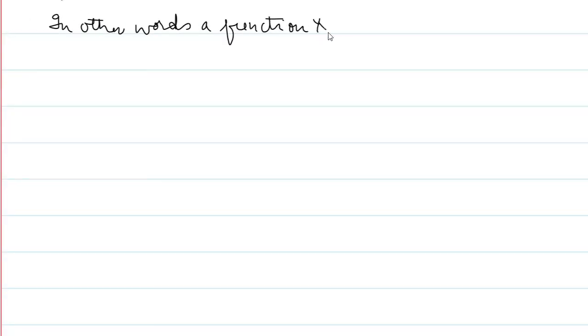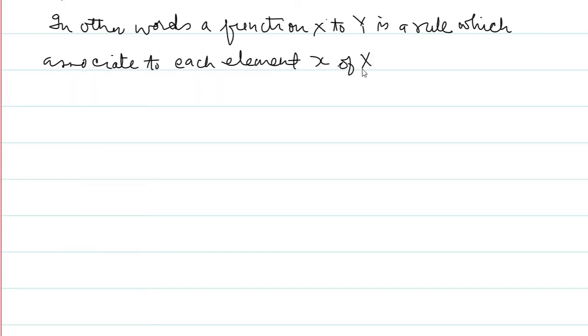In other words, a function from X to Y is a rule which associates to each element x of X a unique element y of Y.